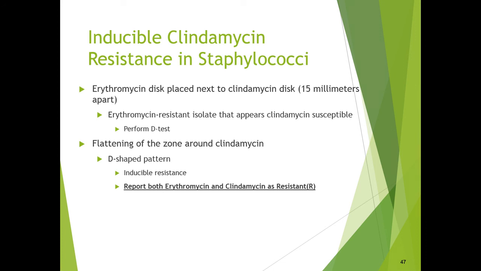So it's called the D test when we place these two antibiotics 15 millimeters apart. Usually they're much farther apart. And basically what this means is if these two drugs interact together, there may be an inducible resistance. They may not work well together. So we're testing for that with the D test.